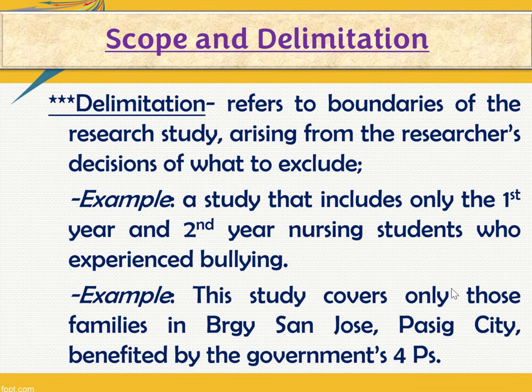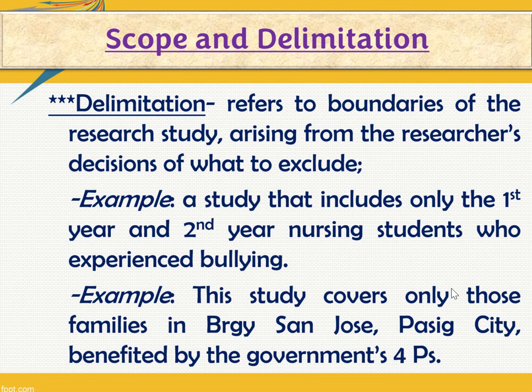And then when you say delimitation, it refers to boundaries of the research study arising from the research decision of what to exclude. Ibig sabihin ng delimitation natin, parang sineset aside na natin kung sino yung mga kasama at yung mga hindi makakasama in your study. Okay? We tend to exclude kung sino yung mga not included. Yun na nga, yung excluded in your study.